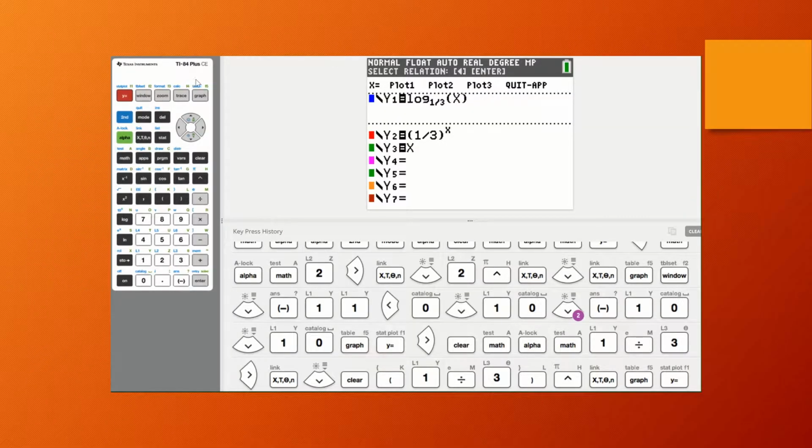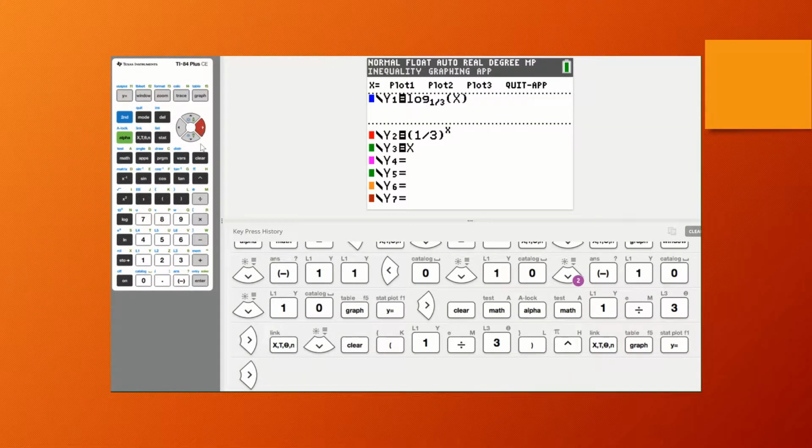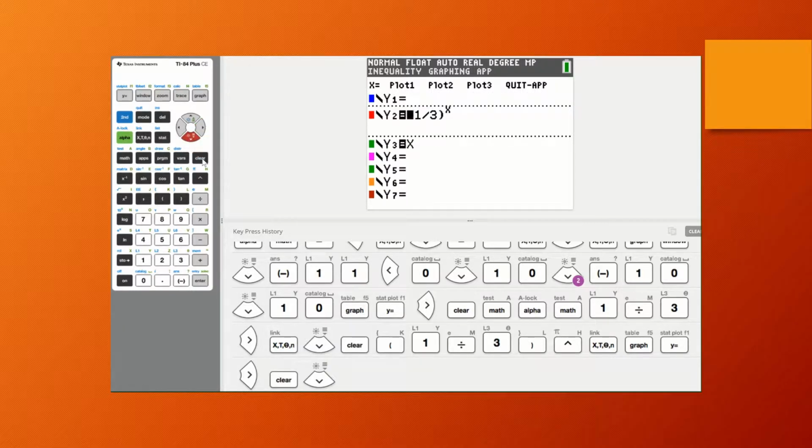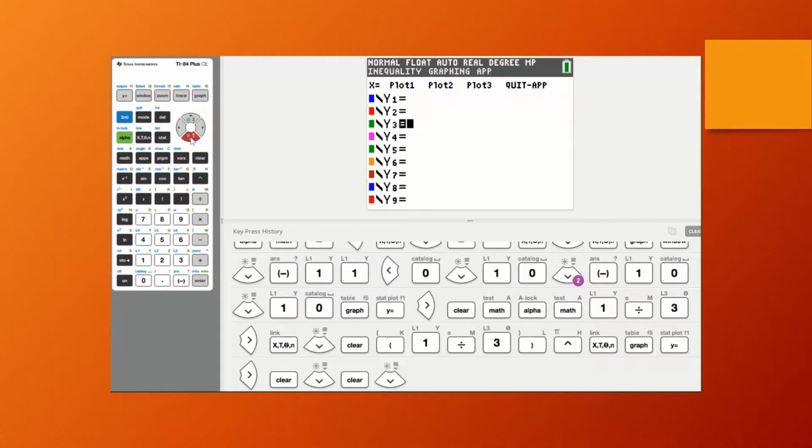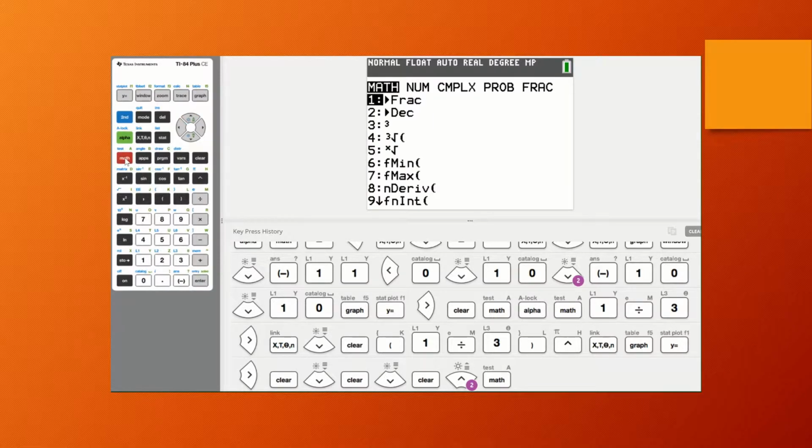All right, so here we are on our calculator, and let me clear out what I've got. And I'm actually going to graph 3 graphs here at one time. And first we're going to graph the log base 2 of x. So I'm going to hit the math button.